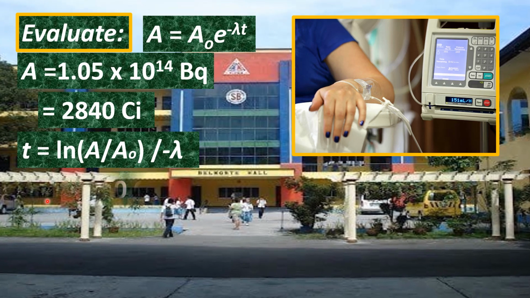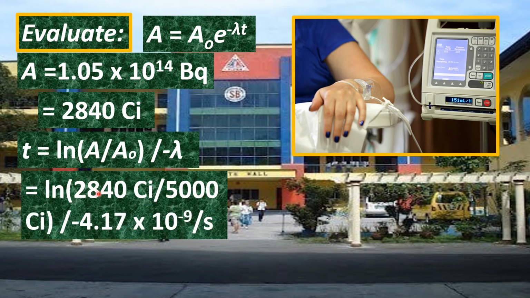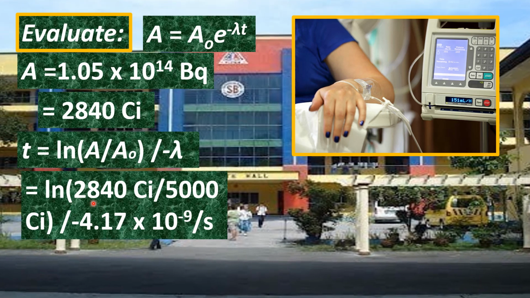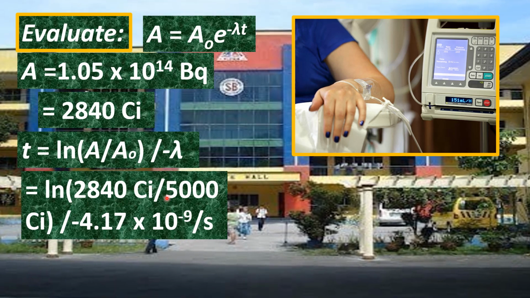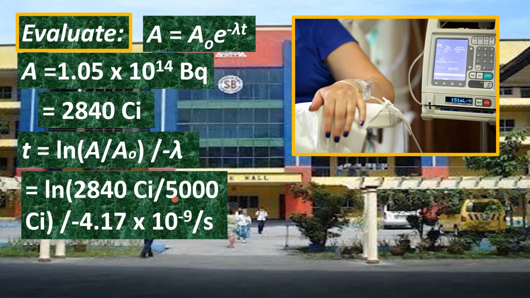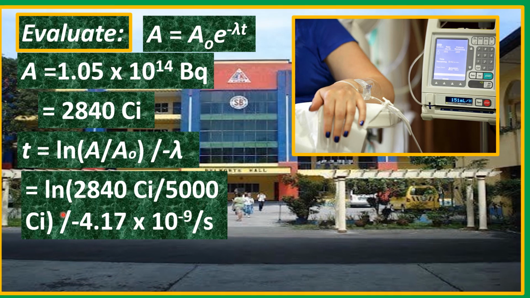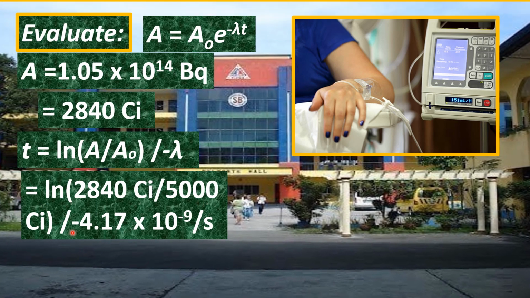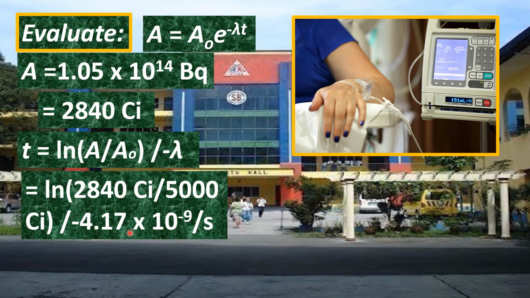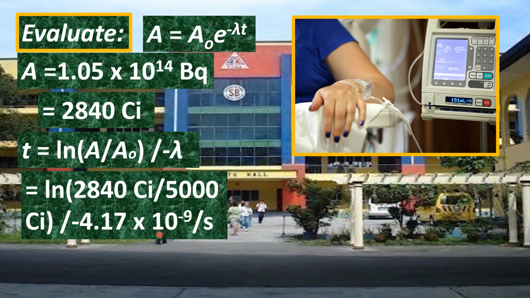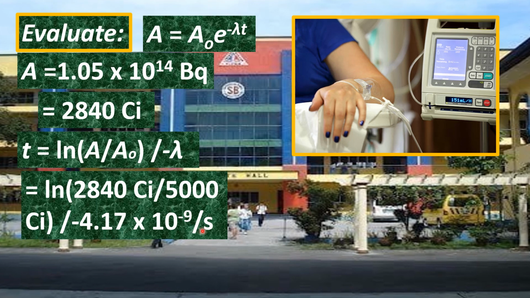That is, t is equal to the natural log of A, which is 2,840 curie, divided by A naught, the original activity of 5,000 curie. And then that will be divided by negative lambda, or negative 4.17 times 10 to the negative 9 per second.